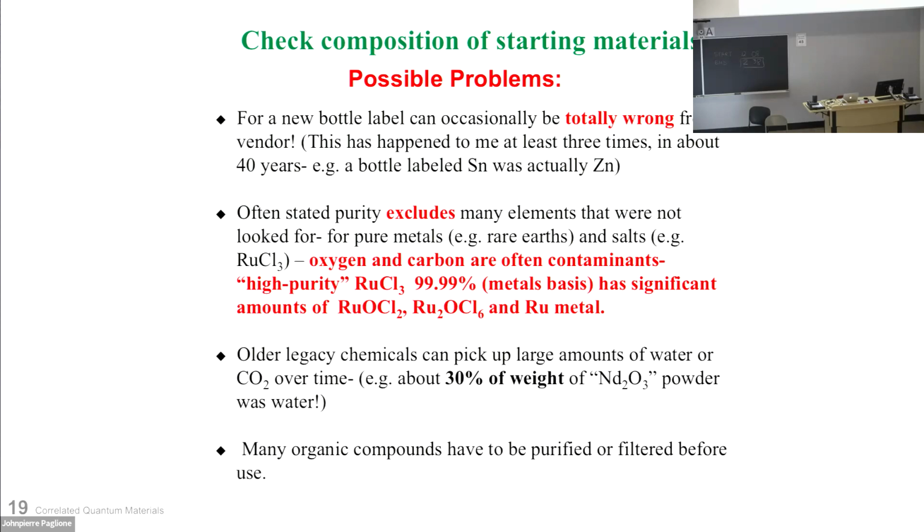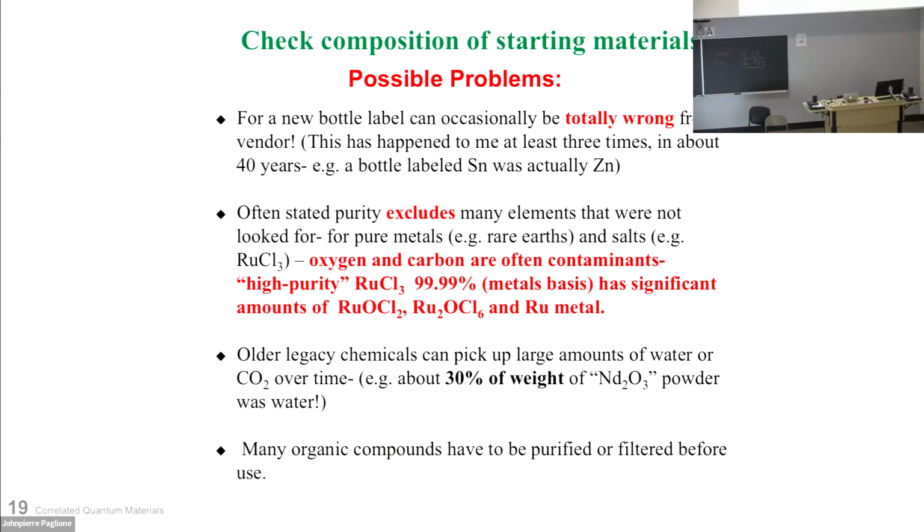But if you actually X-ray it, you've got ruthenium oxygen chloride, another ruthenium oxygen chloride, and ruthenium metal. Only about 20% of all of the material was actually ruthenium trichloride. So we had to obviously fix this.